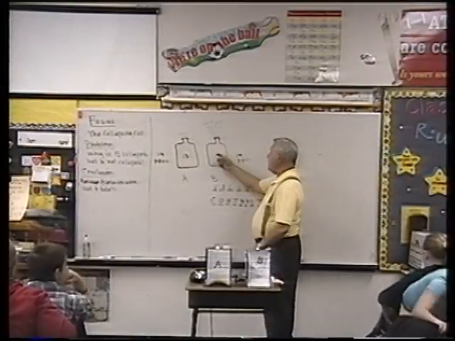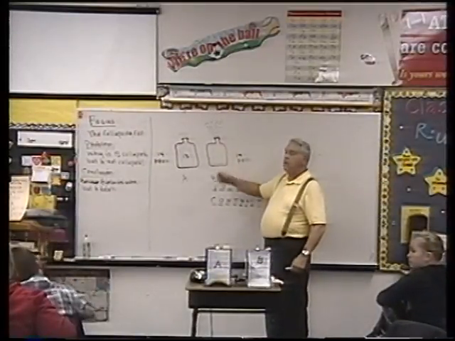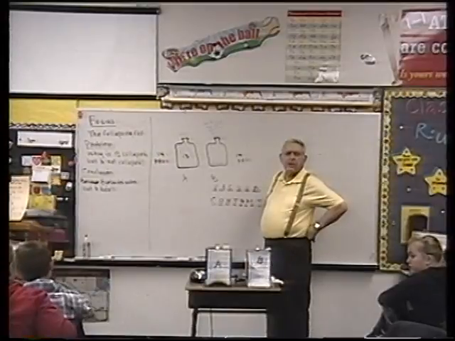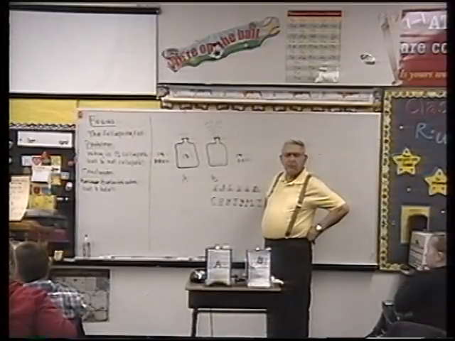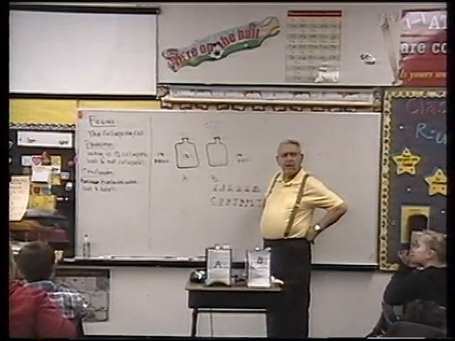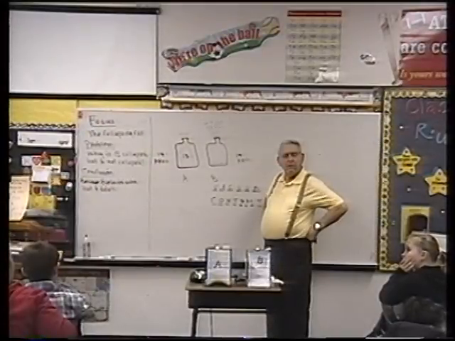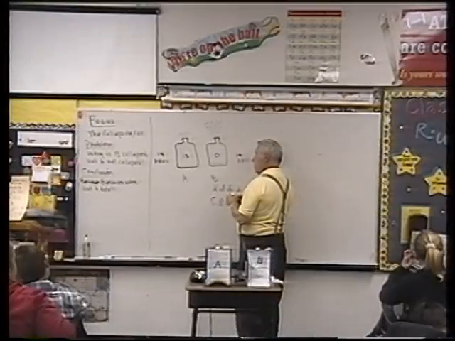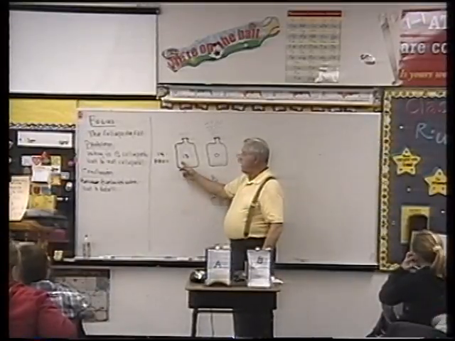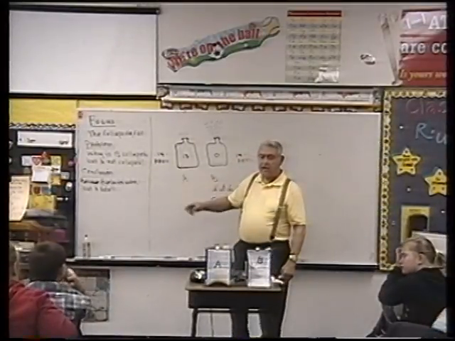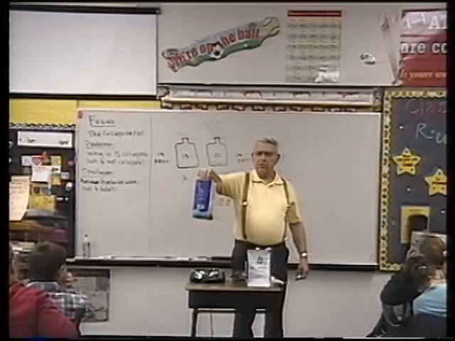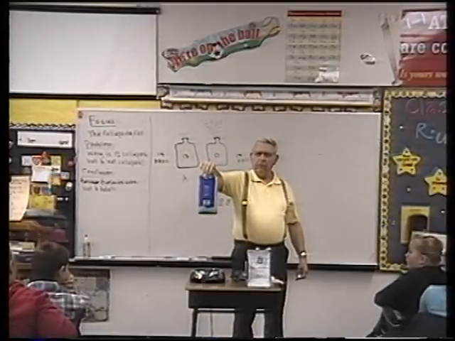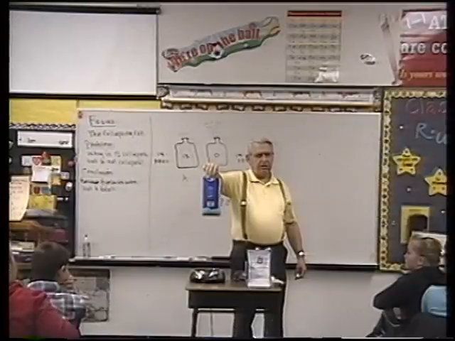Okay, if there's nothing in here, who can guess what the air pressure must be? Jonathan? Zero. All right. So in can A, you end up with 14 pressing against 13. There's hardly any difference.